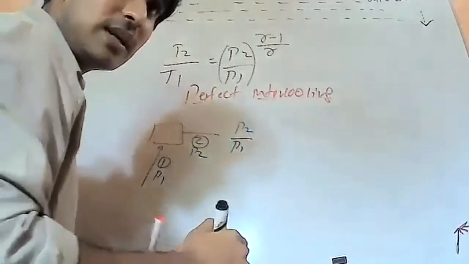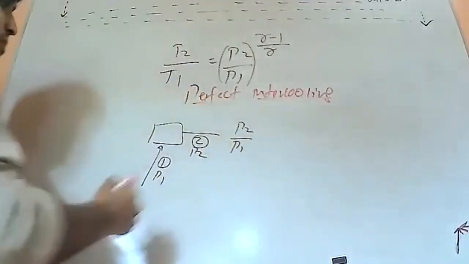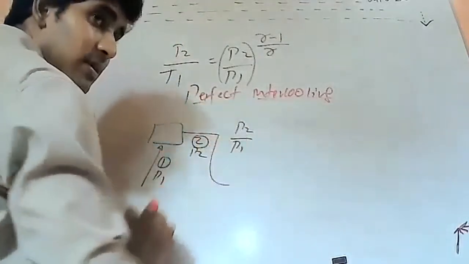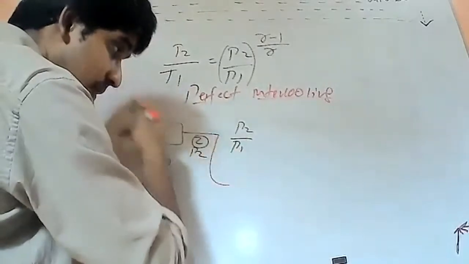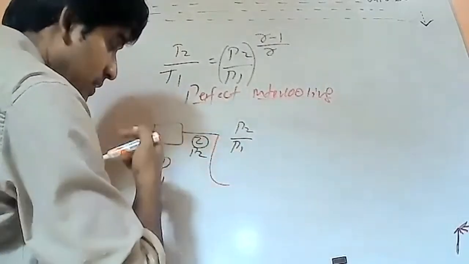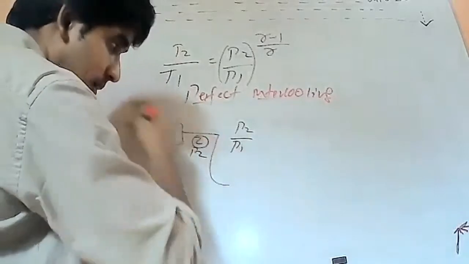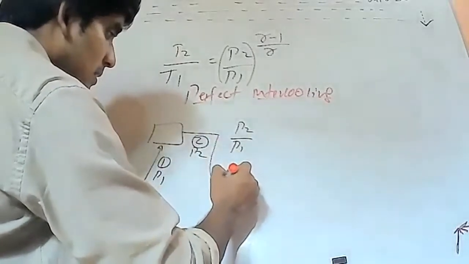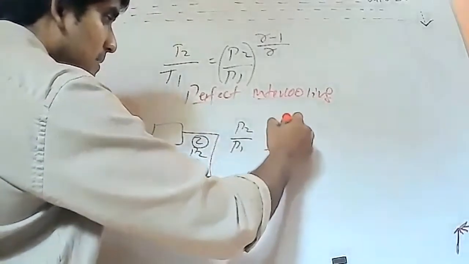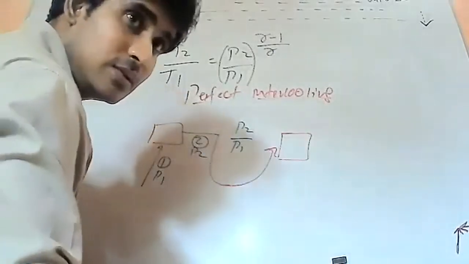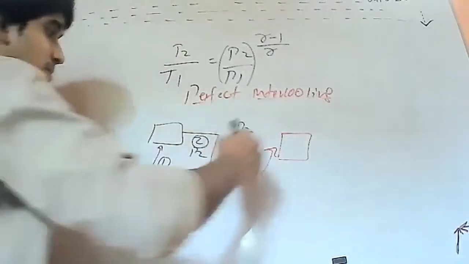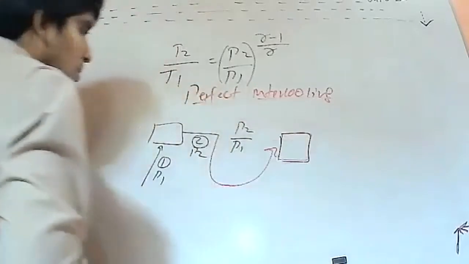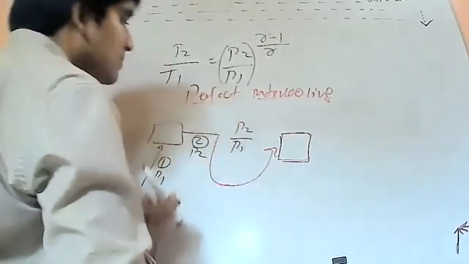That you can understand. Then after that, we are going to cool this. This cooling also takes place at the same pressure, right? Then it is sent back to the next compressor.